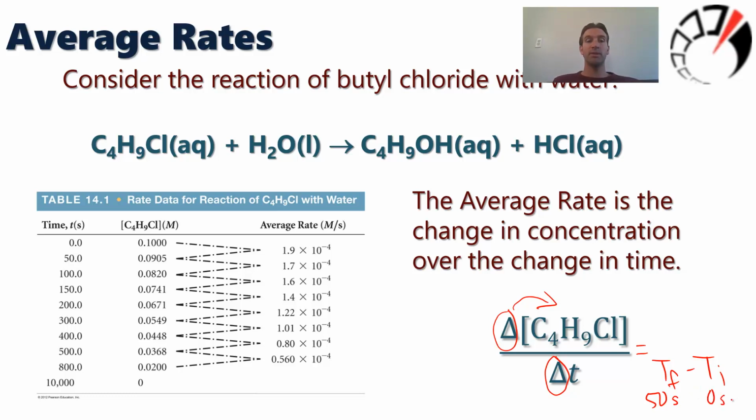For the molarities, the final molarity, M final, was 0.0905 molar. We take that value and subtract away the initial condition, which was 0.1 molar. Doing the math, we find 1.9 times 10 to the negative fourth power is the number of moles per liter per second, or the molarity per second, and that's our rate of change.